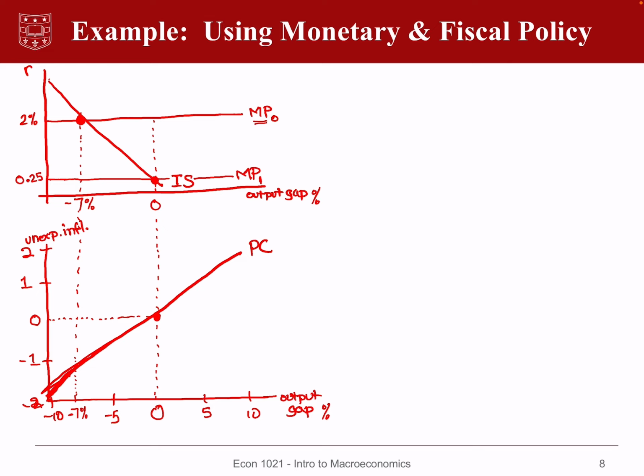And in that particular case, if the MP curve shifts down, then we repeat our steps. So what do we observe happening? Step 1, shift the curve. We did. Step 2, find the output gap.